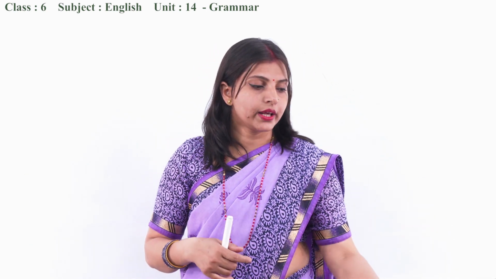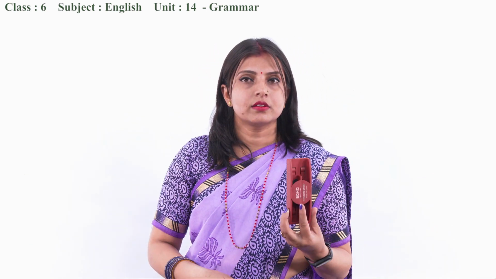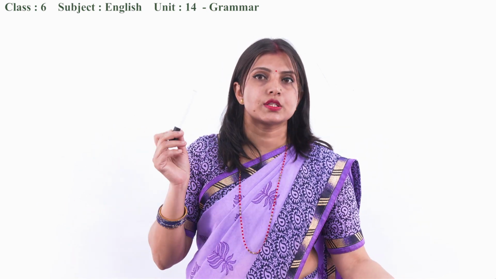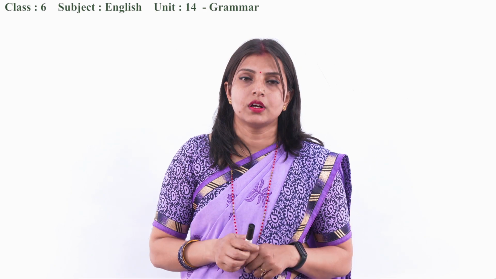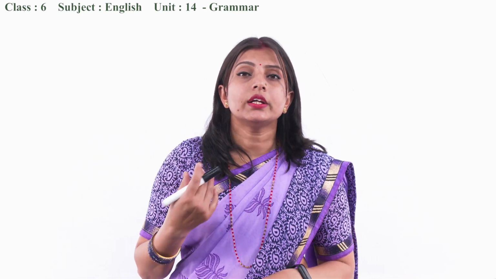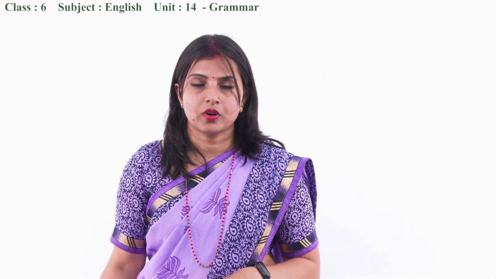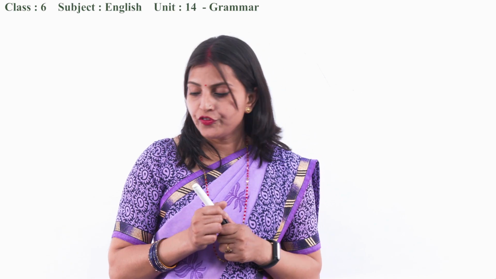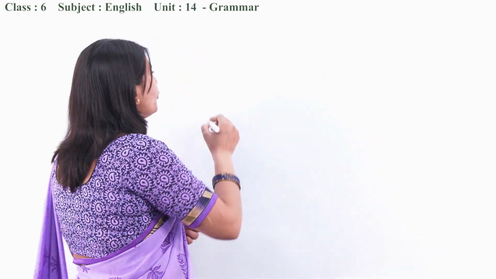Okay, so before we go ahead, you know already what are countable nouns. Yes, you can count them like this. Duster, you can count 1 duster, 2, 3 like this. Yes, like this. Marker, you can count. So now we shall discuss what are uncountable nouns. Yes, so the first one is food.